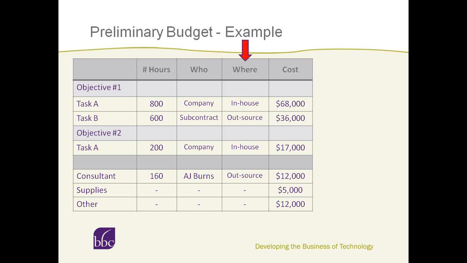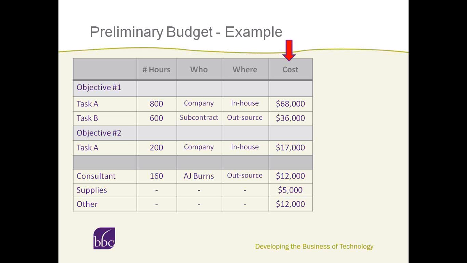So once we know the who and where, in discussions with the subcontractor, in discussions with the consultant, we know what they're going to charge, or can estimate what the charges are going to be based on the number of hours and the task involved, right? So we do a back-of-the-envelope guesstimate of the cost of each of those critical items.